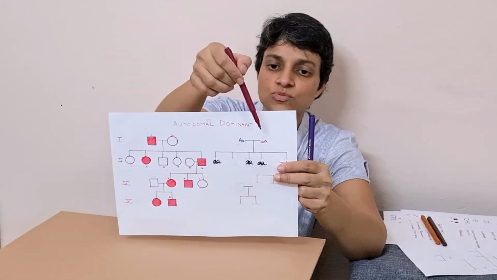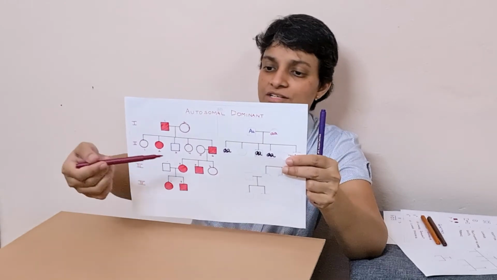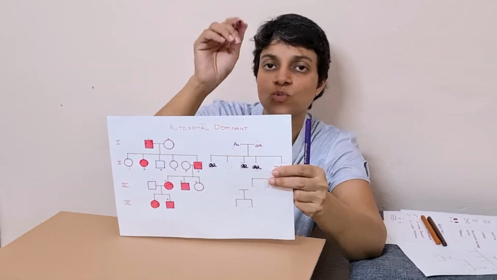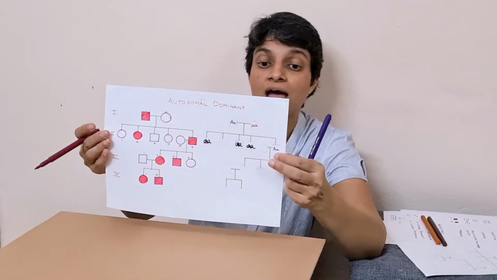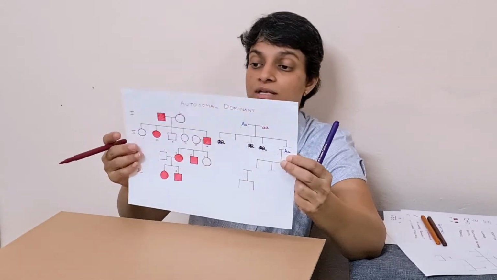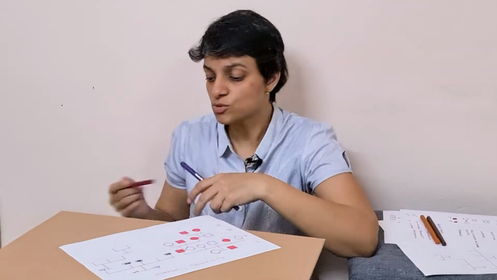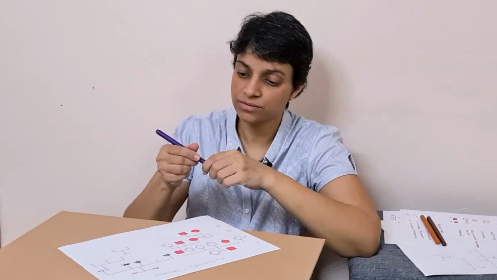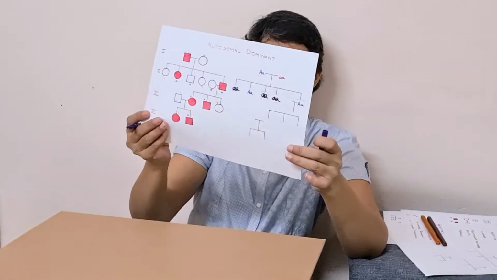Mother has to be small a, small a because she does not show the disease, and the unaffected children have to be small a, small a because the presence of one capital A is enough to show the disease. And the individual affected with the disease must have the capital A, small a combination. So that is how we got the genotypes of these individuals.